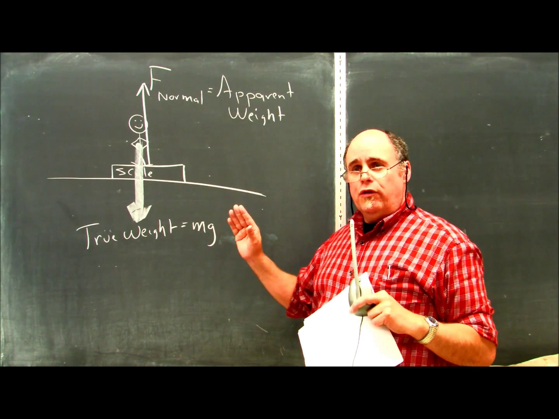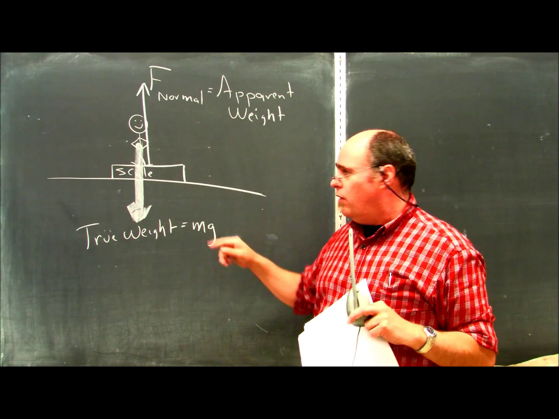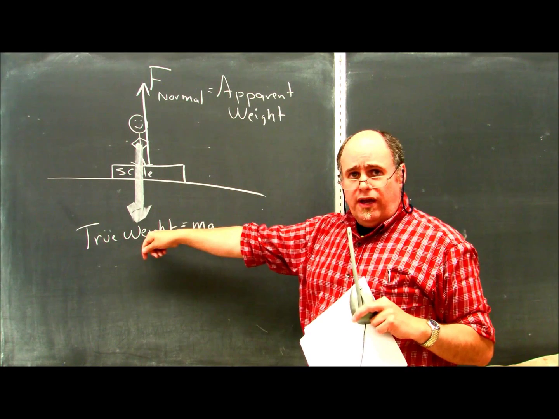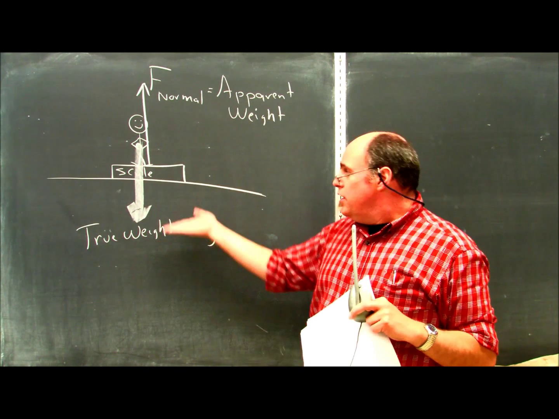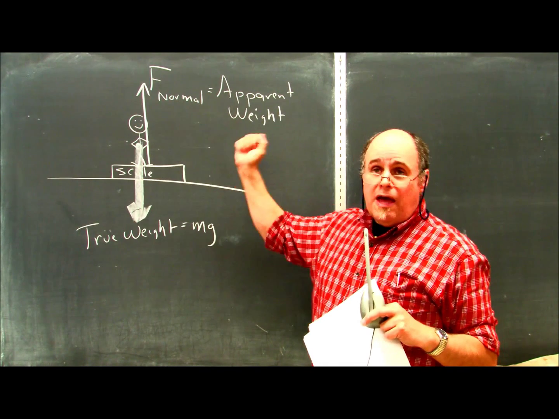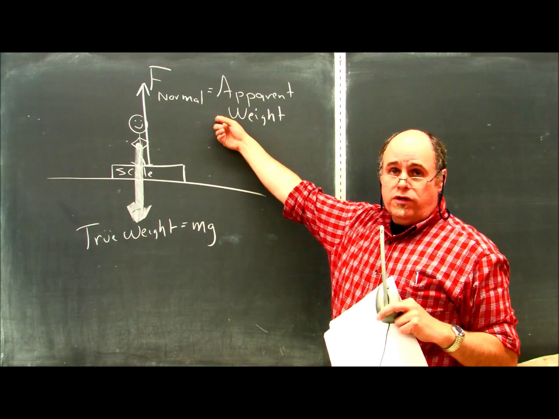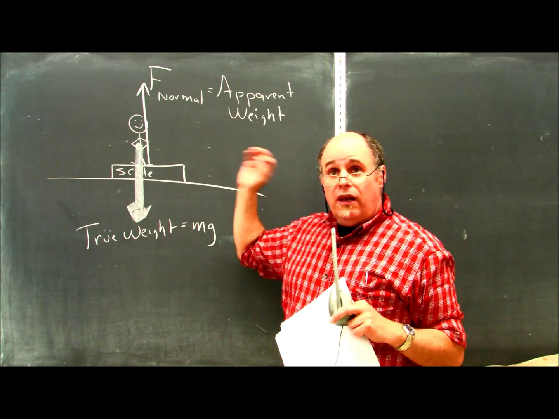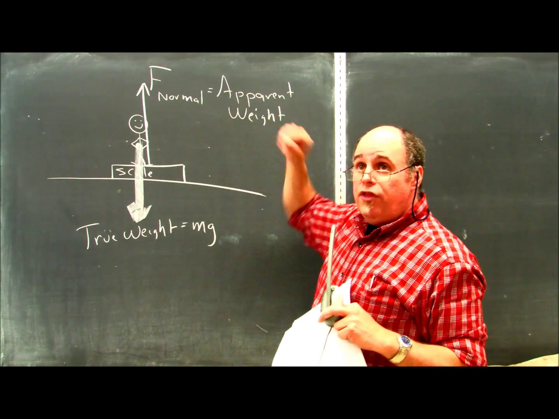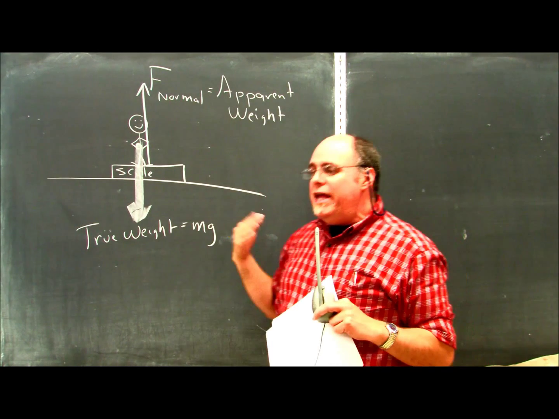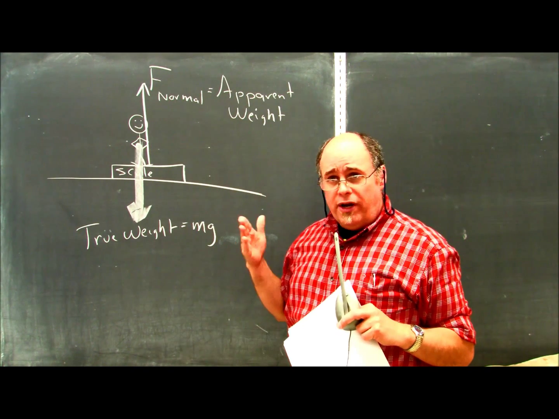So if you're not accelerating, every single force has to cancel out. So the true weight going down would have to be equal and opposite to a force going up. And in that particular case, your true weight would be the exact same as your normal force. And so the scale actually is giving you a reading of the normal force. But what if you tried to accelerate your body up or down?